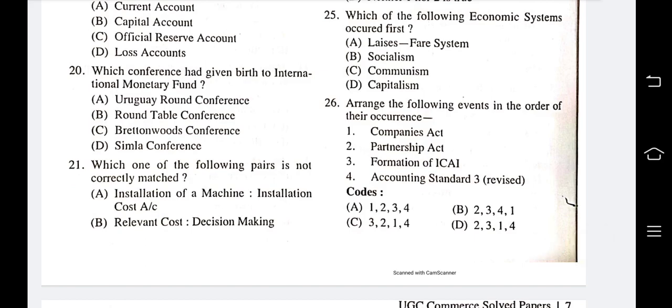Installation of machine, that is installation cost. The charges are not charged to the installation cost account. The charges are treated as a machine account. So your option is not correctly matched.